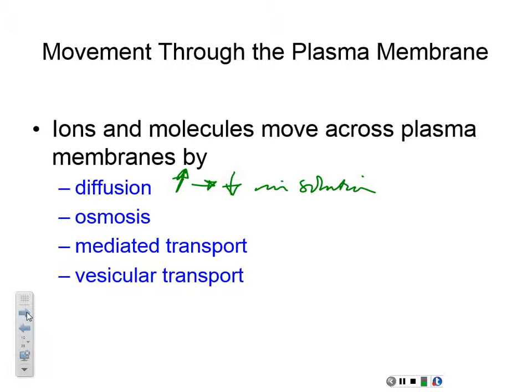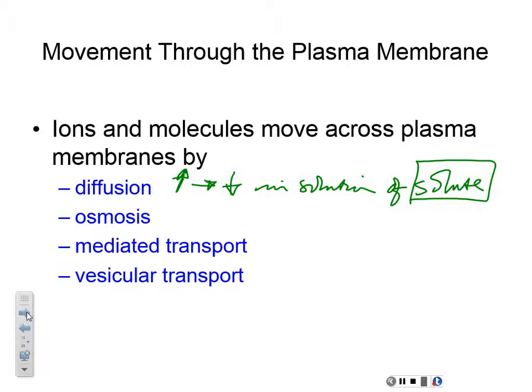And then osmosis, so it's movement from high to low in a solution of solid. What is the solid? The solid is what's dissolved in the solution. Right? So it's movement of solid molecules from high concentration to low concentration.